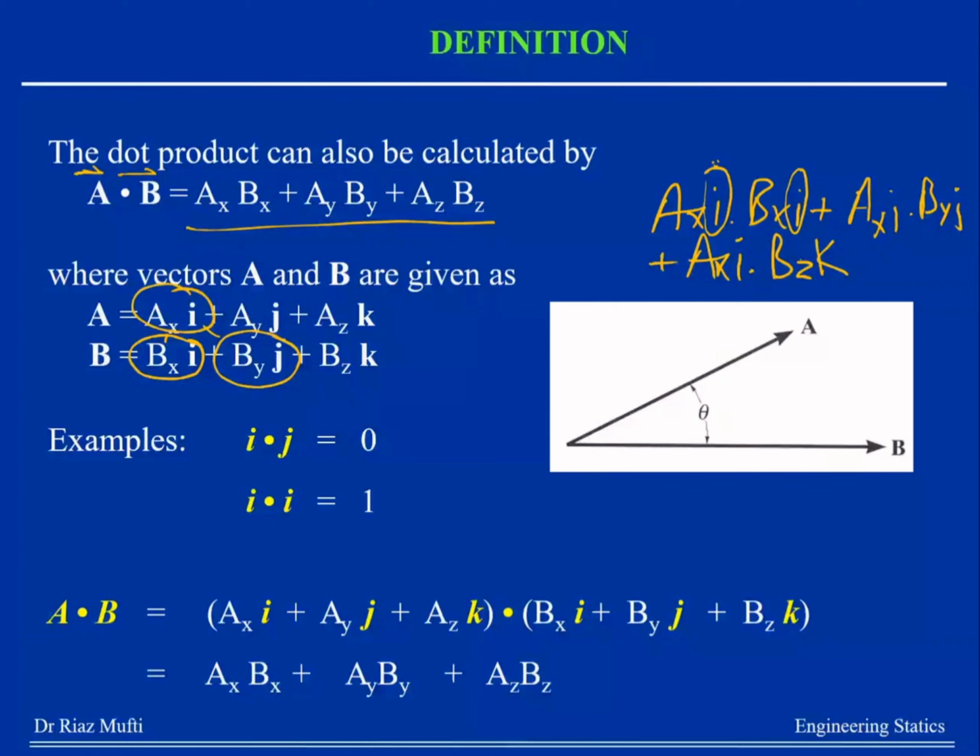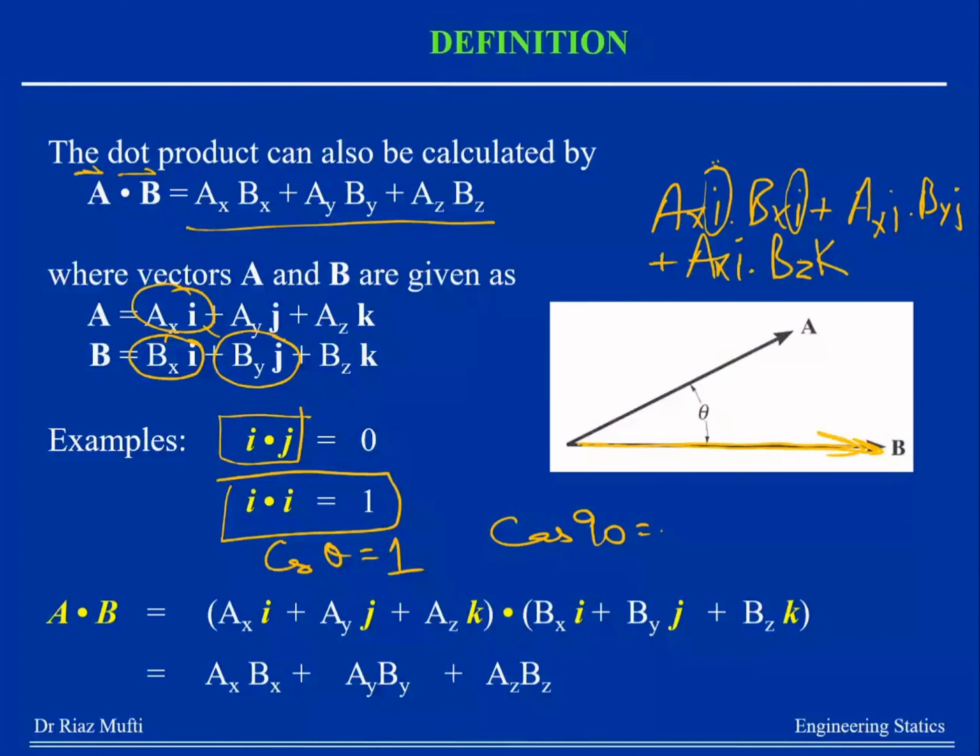So that's basically i dot i is equal to 1, because the angle between my two lines is 0. Both are in the same direction, so cos of 0 is 1. Whereas i, j, k are all at 90 degrees to each other, so cos of 90 is 0.